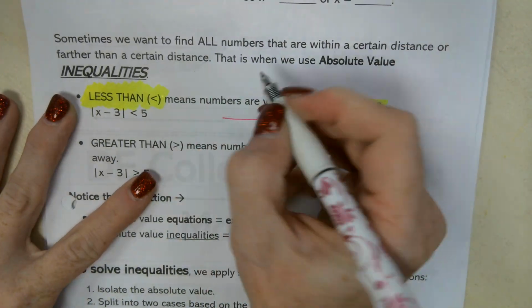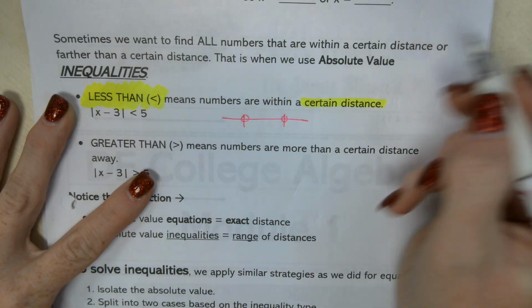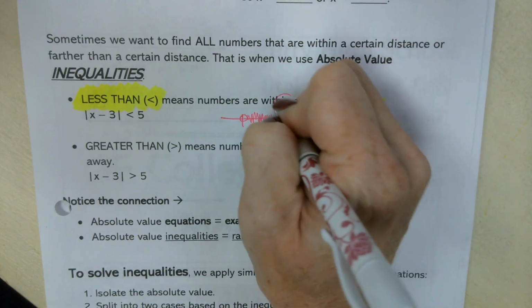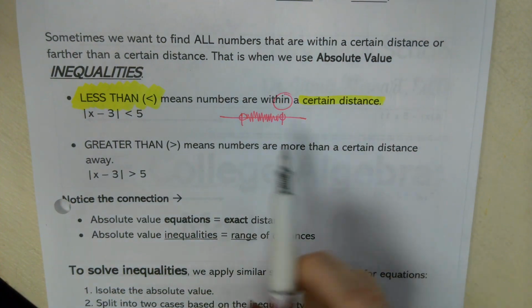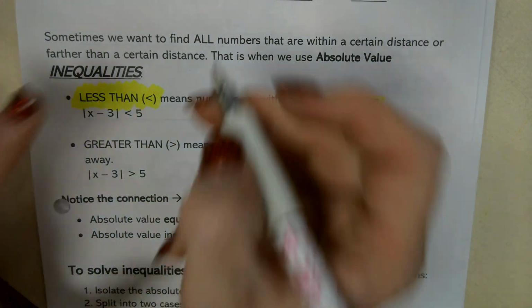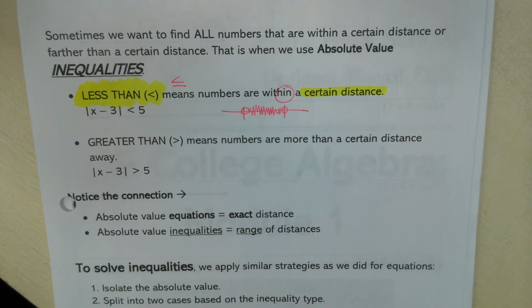So right here, I'm just going to put an example, and I'm going to shade in between. This is within. They are within the 2 points. So less than or equal to. Either one of those.